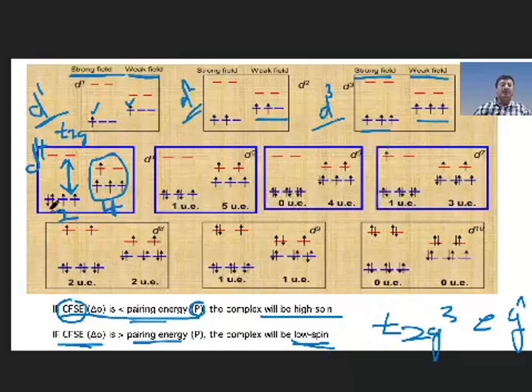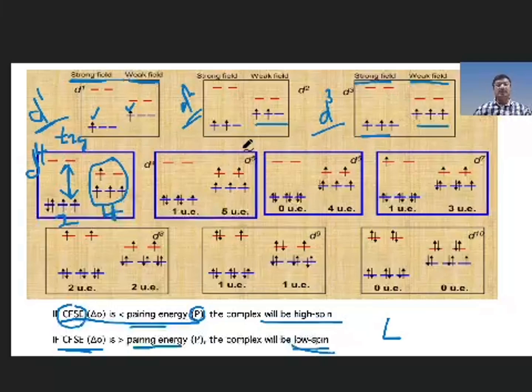And this one is called a t2g4 electronic configuration. The low spin compound electronic configuration is t2g4 and the high spin compound electronic configuration is t2g3 eg1.